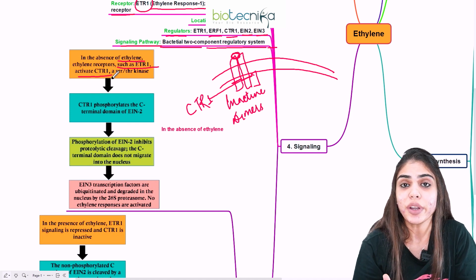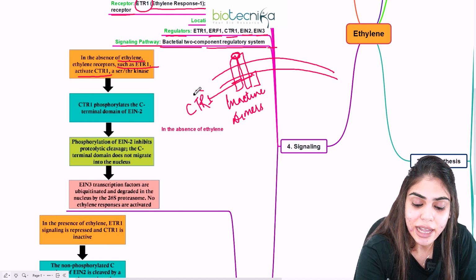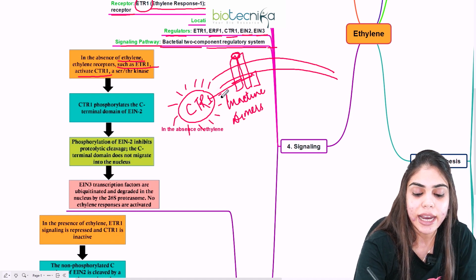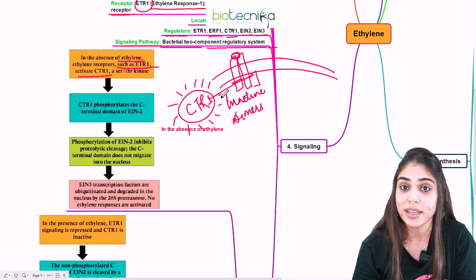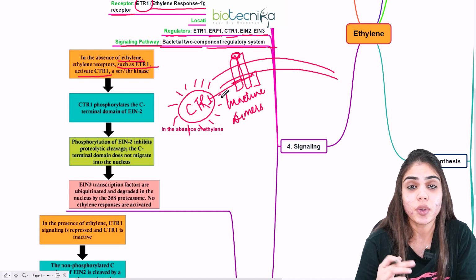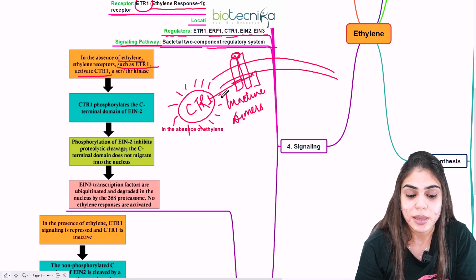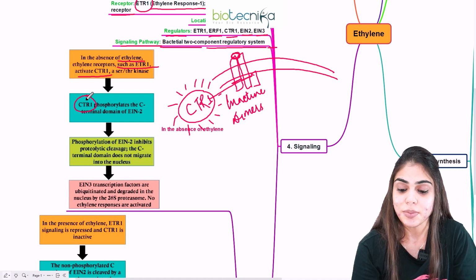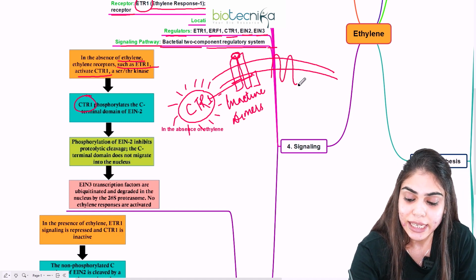That means if no ethylene is there, this CTR1 domain will be activated, which is a serine threonine kinase. And now if this is activated, this is a kinase domain. Means it will add phosphate group to its substrate. Now this CTR1 will add phosphate group to the substrate that is called EIN2.